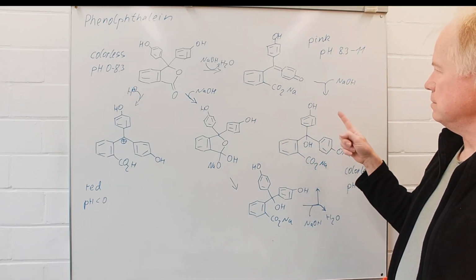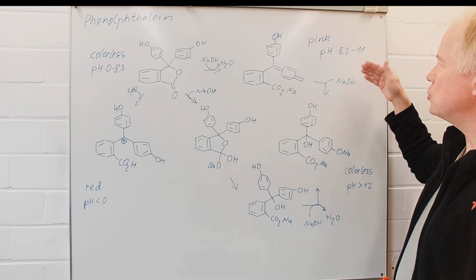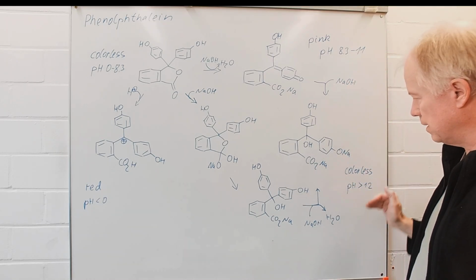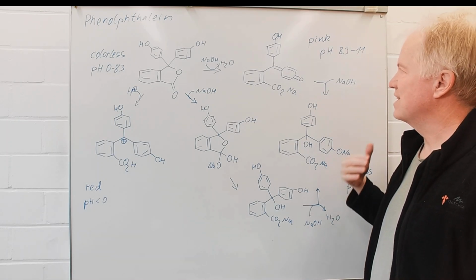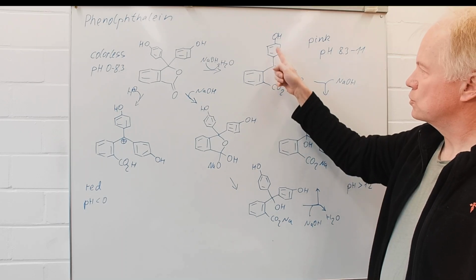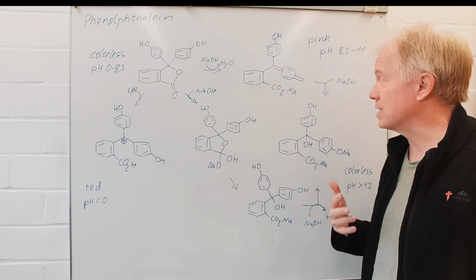If we then go with a pH above 11, 12 and higher, it becomes colorless again. So clearly this conjugated system has to be interrupted so that it becomes colorless.